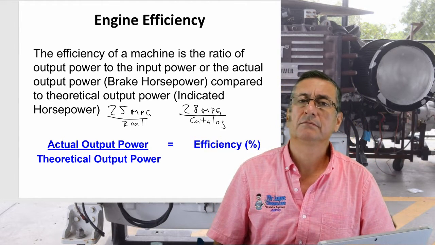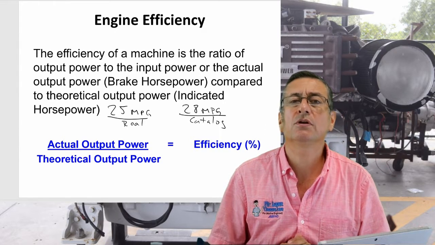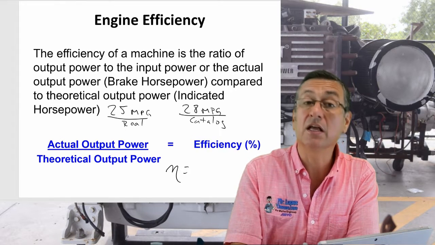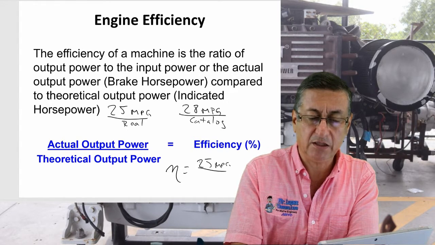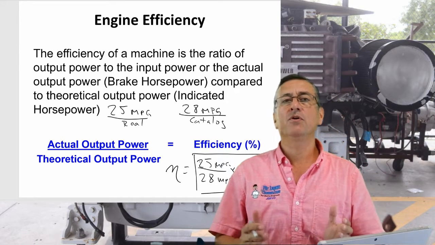It's less. How much is the efficiency in terms of fuel consumption in your car? The efficiency in my car is the real situation, 25 miles per gallon, divided by the theoretical, 28 miles per gallon, times 100. And this is the efficiency of my car in fuel consumption.